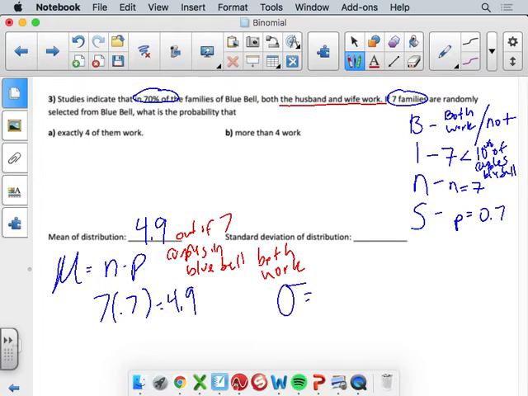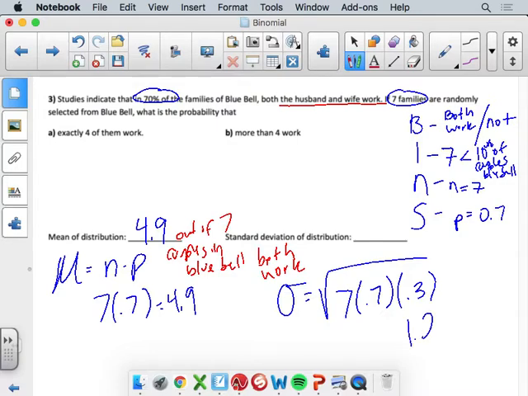Standard deviation is the square root of 7 times 70% times 30%, where 30% is 1 minus 70%. That is 1.2.